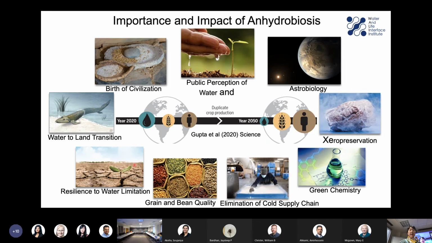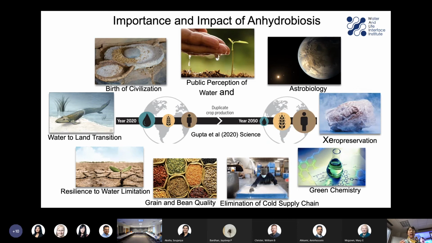And of course, today it's very important in terms of looking at climate change and how we can engineer or breed resilience to water limitation in seeds. It's very important for ensuring viability of grains in a dry state.